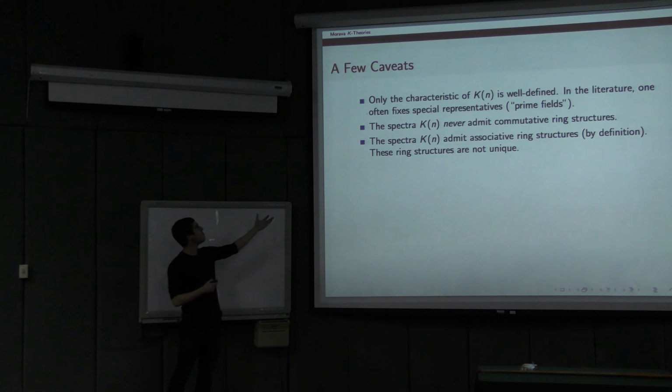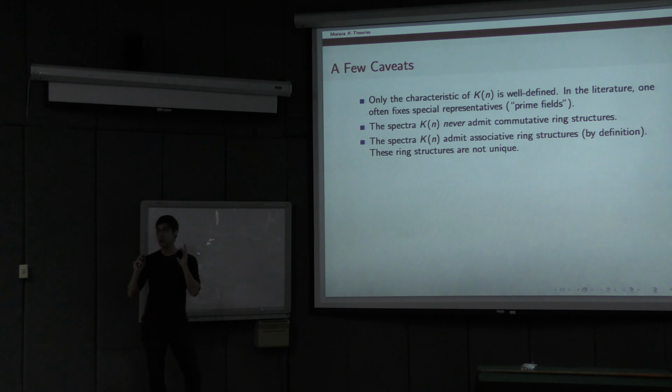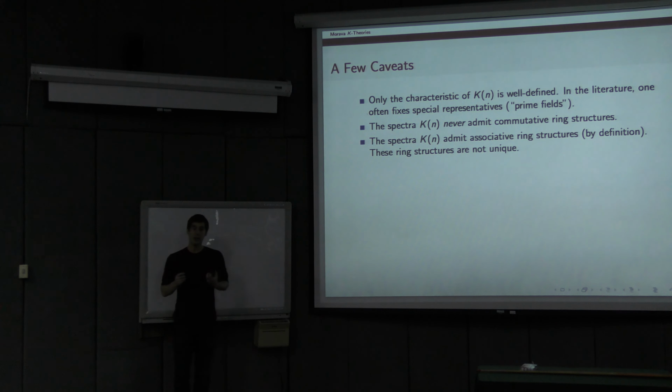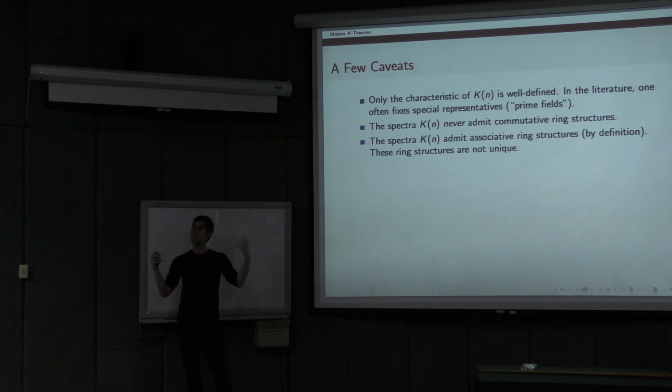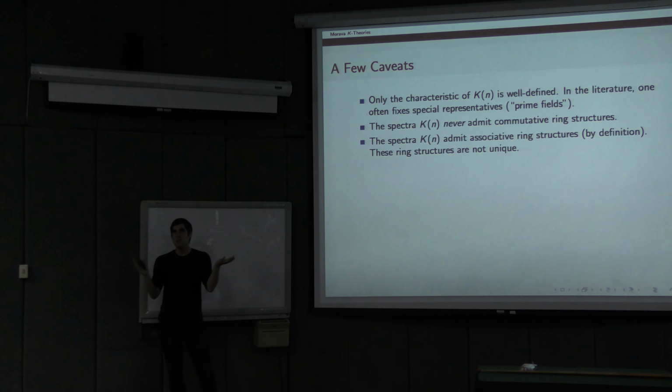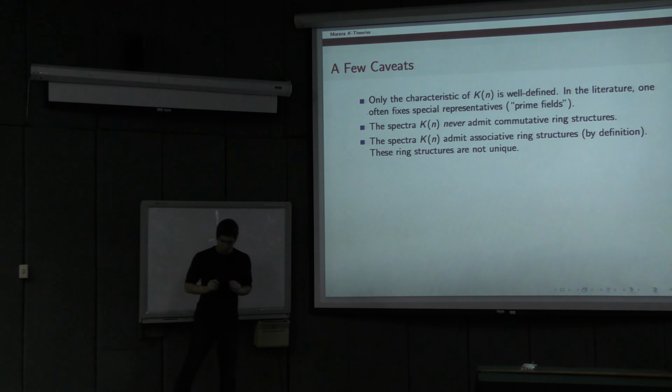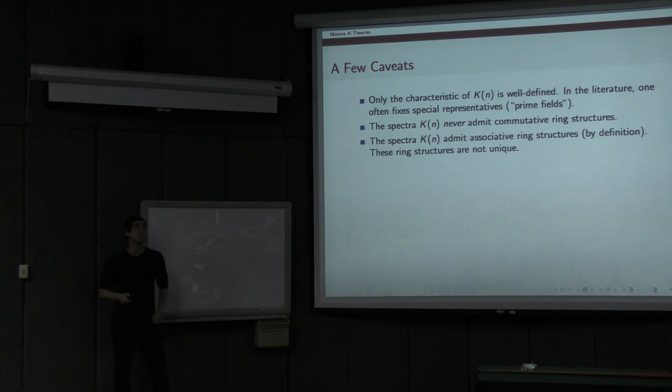That's a phenomenon very different from what you would expect in classical algebra. If you took the complex numbers and just remembered its abelian group structure, there are probably many multiplications you could put on it that would give non-isomorphic fields. But if you took the rational numbers as an abelian group, there's only one way to give that a ring structure up to isomorphism.